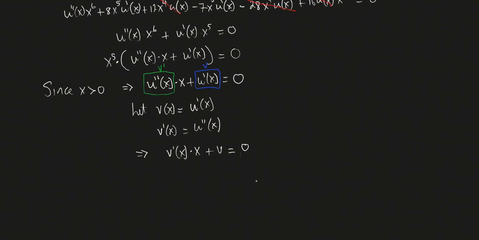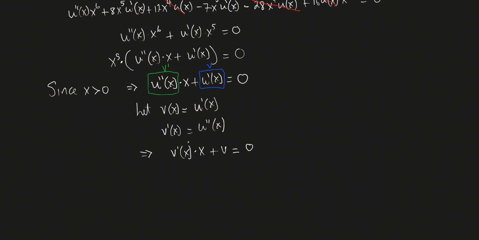So let's say I switch from the prime notation to the Leibniz notation. This is saying dv dx times x plus v is equal to 0. And in fact, this differential equation is both linear and separable.